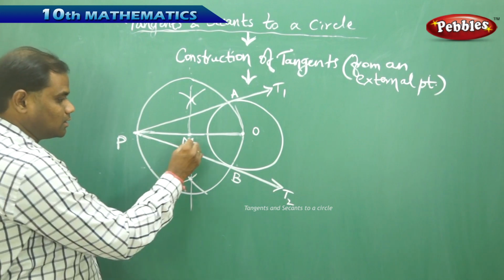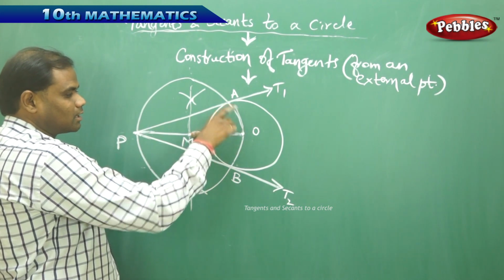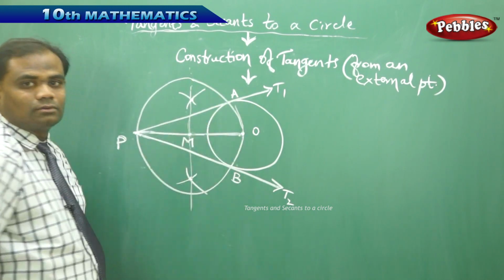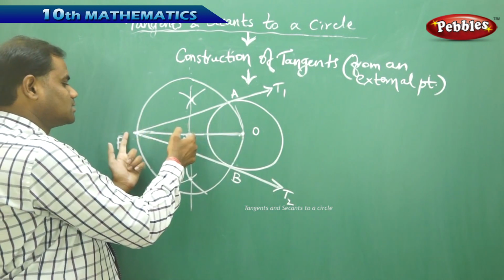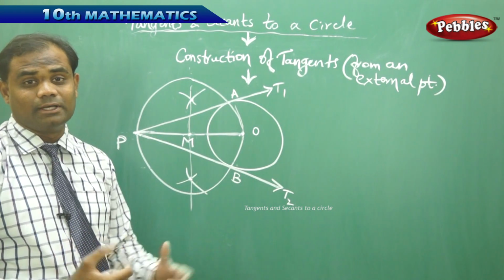Now, once I locate the midpoint M, I take OM as radius, and using a compass, I draw an entire circle passing through O and P. Obviously, it passes through P because these two distances are equal. They act as the radii for the bigger circle.